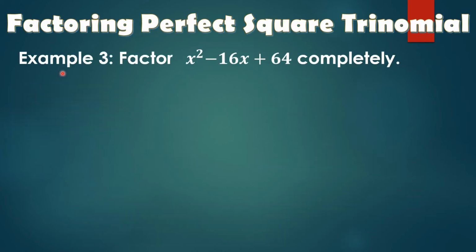Number 3, let's factor x squared minus 16x plus 64 completely. First, kuhanin ulit natin ang square root ng x squared. Ano nga ang square root ng x squared? Very good. Ang square root niyan ay x. About the square root of 64. Correct. That is 8. Now look at the operation of the middle term. It is minus.